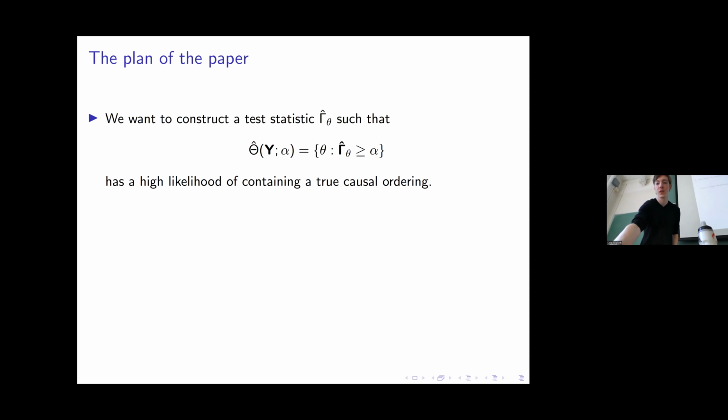And we want this to have a high likelihood of containing a true causal ordering, because in the last case, there were more than one. We'd like there to be at least one correct one in here.